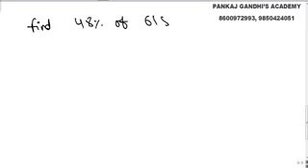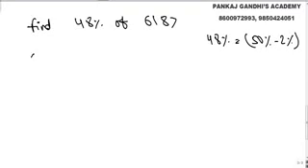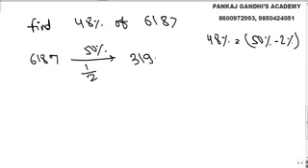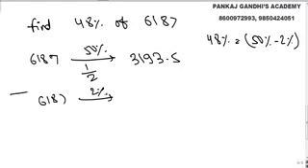Now let's say the question given is find 48% of 6187. How do we do it? We know 48% of something is 50% minus 2%. 6187's 50%, that is half of that, is 3193.5, minus 6187's 2%.